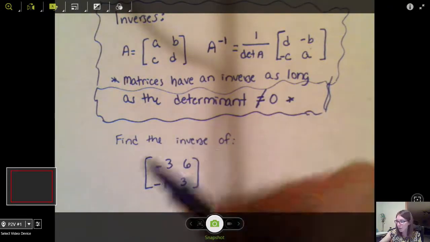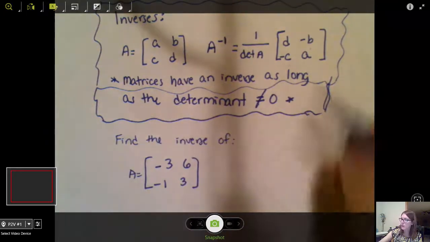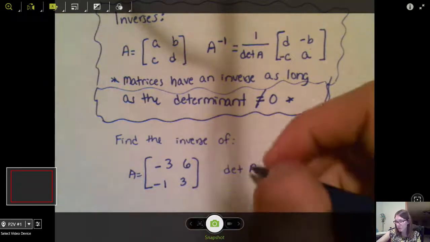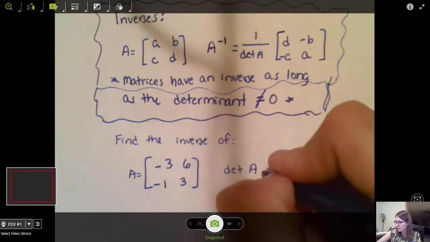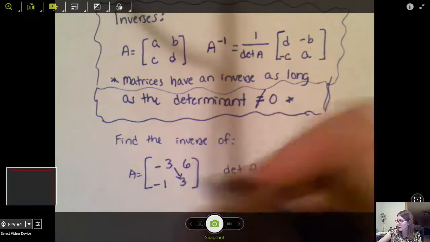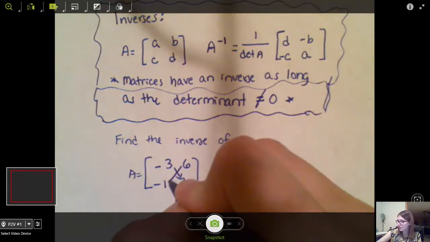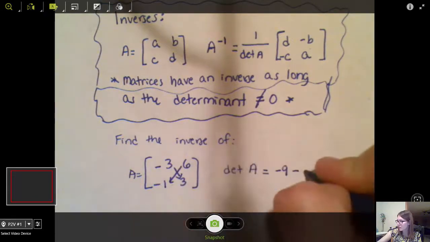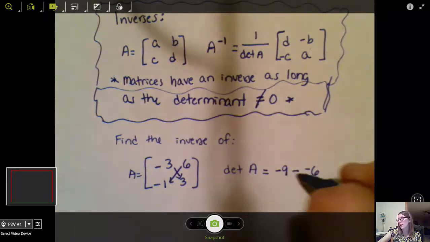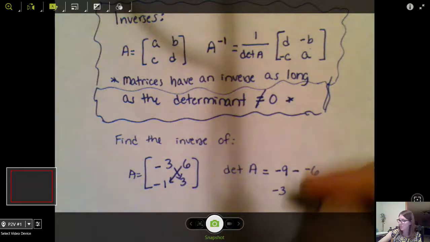So let's start off with that. And this is matrix A. The determinant of matrix A: take -3 times 3 minus 6 times -1. Or in other words, -9 plus 6 is -3.